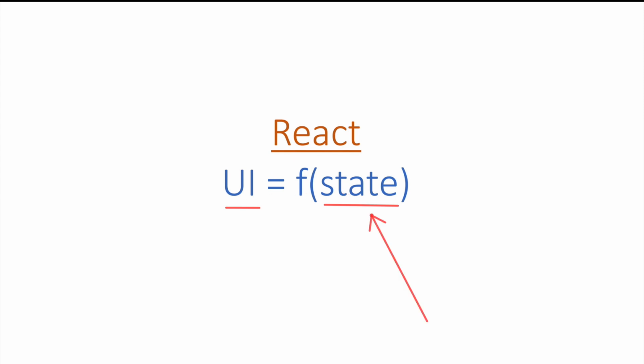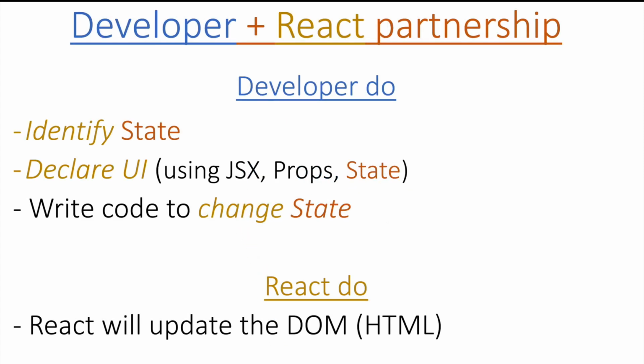So as developers, we concentrate on state management and we leave the work of updating the DOM, that means updating the UI, to React. So let us examine the developer and React partnership once again. So as developers, we identify the state and we declare the UI using JSX, props, and state, and then we write code to change the state, that means state management, and then React will update the DOM, that means it will update the UI.